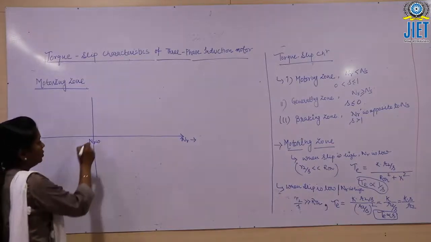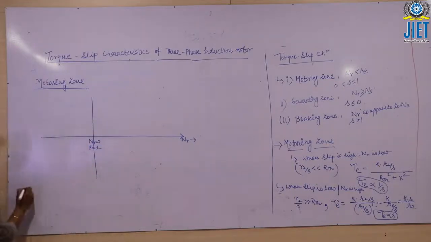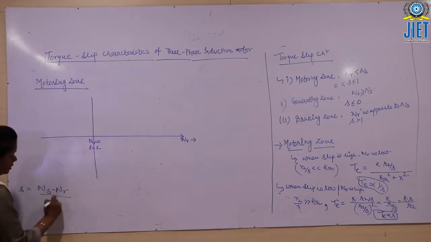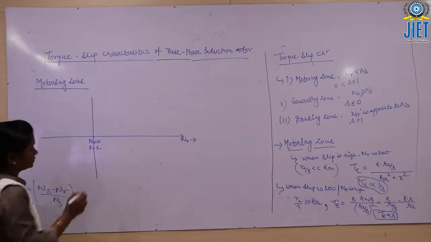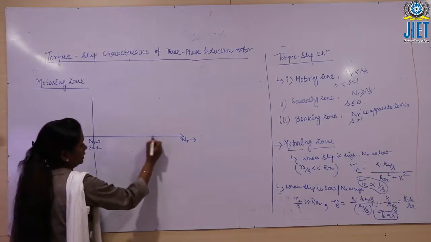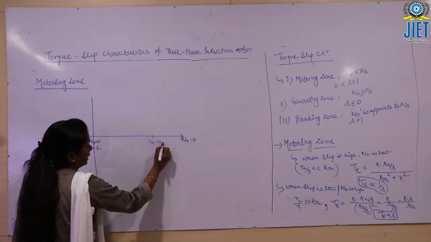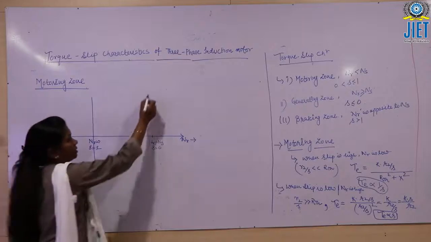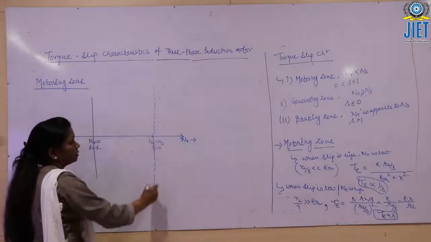So when NR is 0, the slip is 1, because the value of slip is NS minus NR upon NS, that you very well know. And when NR is 0, it becomes 1. Then somewhere here I am taking NR equal to NS, and therefore the slip is 0. The slip is 0 here. I am just marking one line here.